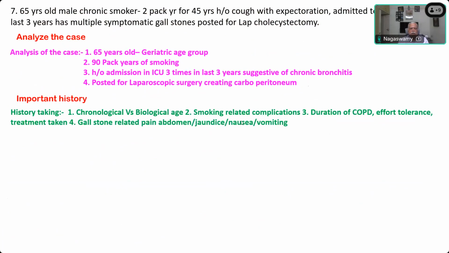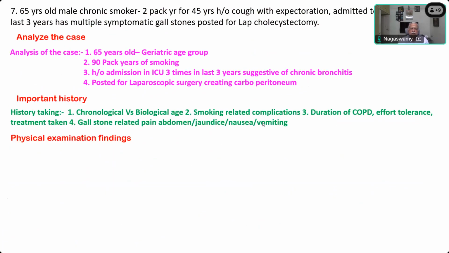Smoking related complications, because the second point is that the number of pack years is 90. Third is duration of COPD. Not all smokers will develop COPD. Some of them may be happily smoking all their life without any problem. So duration of COPD, effort tolerance, treatment taken, then gallstone related problems like abdominal pain, jaundice, nausea, vomiting, etc.